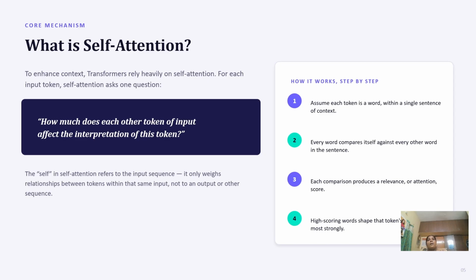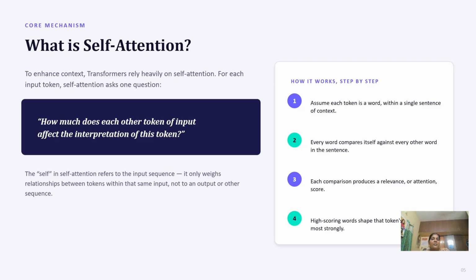When a single sentence is given to a transformer model, each token in that sentence, that is, each word, captures the context, and for every word, it compares itself with every other word and computes an attention score, or relevance, or rank.